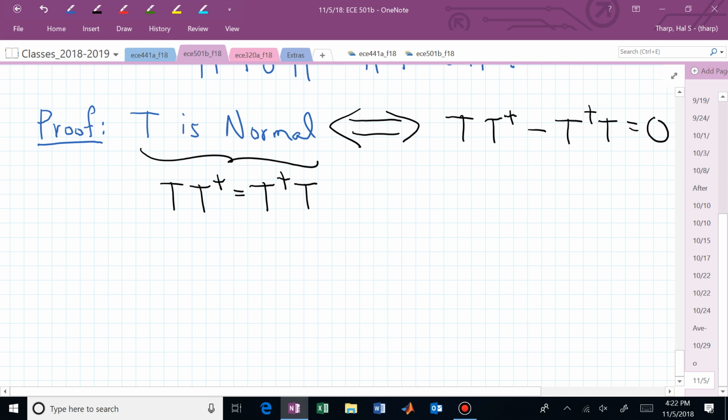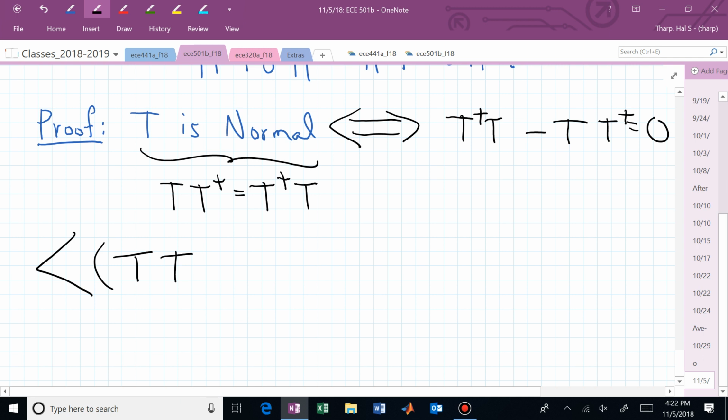Actually, can I do it the other way around? For some reason, I'll get mixed up if I do it the other way. Can I do this? T dagger T minus T T dagger. Is that okay? Same thing, I just have to subtract one from the other.